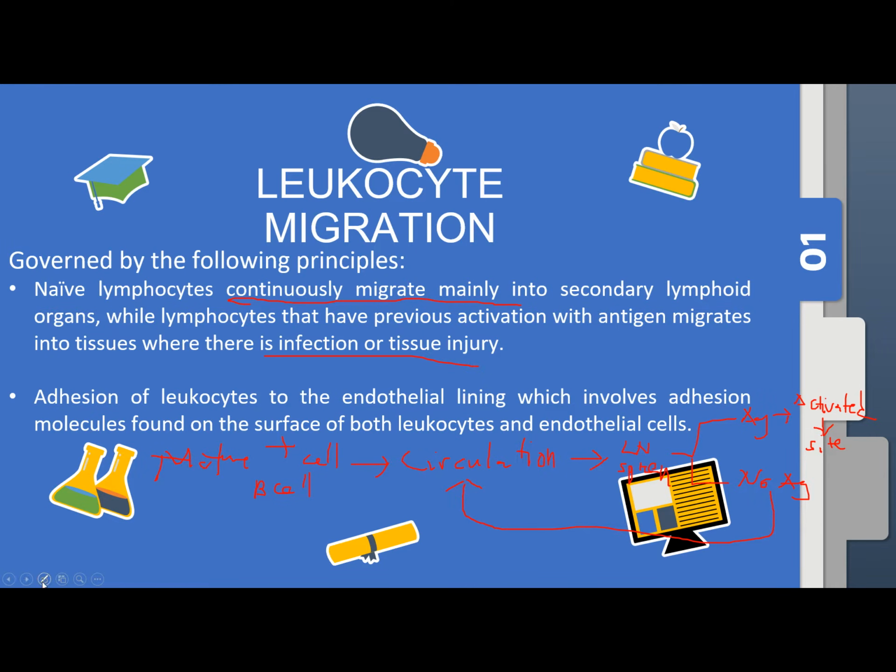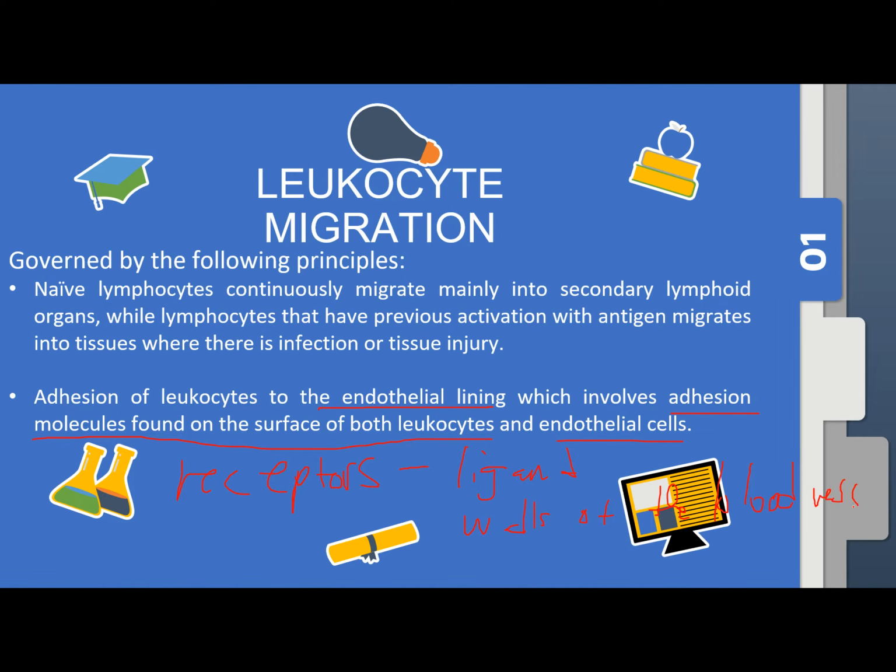Another principle, class, governing migration is that adhesion of leukocytes to the endothelial lining would involve adhesion molecules found on the surface of both leukocytes and endothelial cells. Now, another thing you need to consider, class, is that there are certain receptors. The other word for receptors here, class, is the word ligands. Ligands or receptors could be found, class, in the walls of the blood vessel.